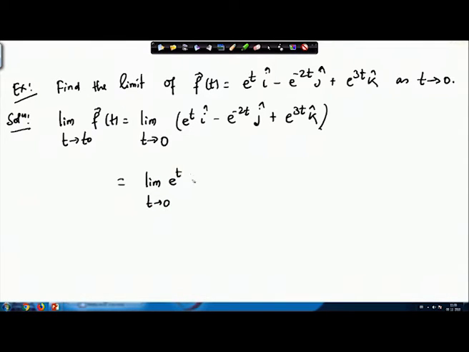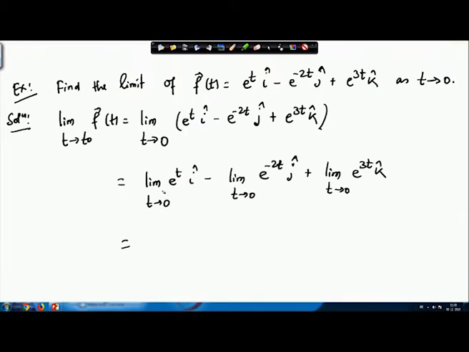So, e to the power t i minus limit t goes to 0 e to the power minus 2t j plus limit t goes to 0 e to the power 3t k, right. And now we will pass the limit on individual functions. So, let us pass the limit in the first function.